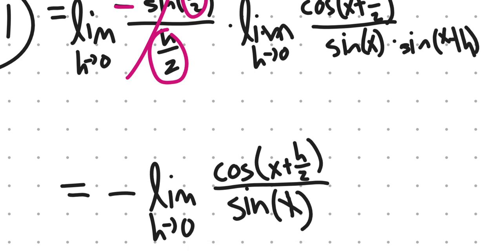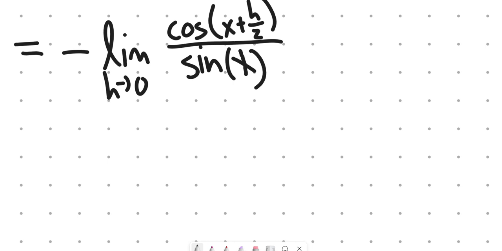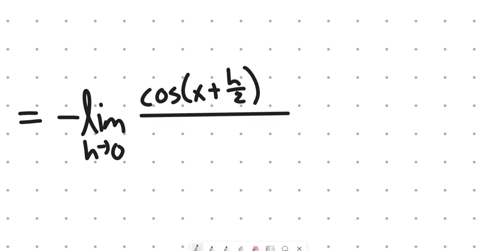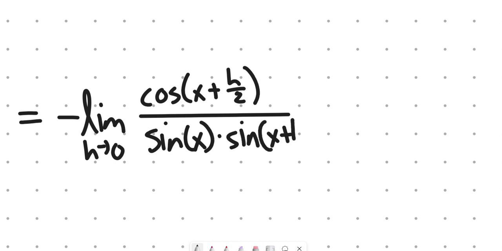Let's rewrite it clearly so that we'll have a nice limit: the limit as h approaches 0 of cosine of x plus h over 2, and the whole thing over sine of x times sine of x plus h.